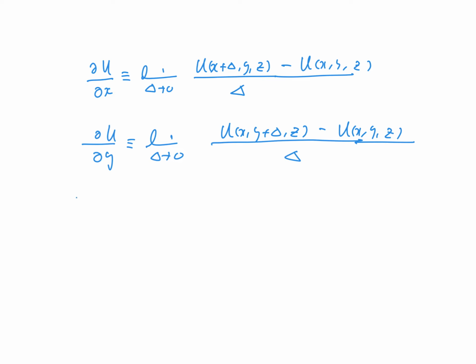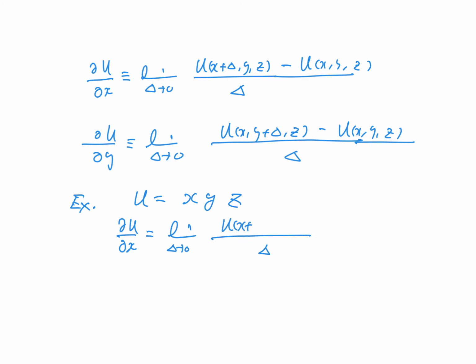So take an example. When u is given by xyz, then partial u partial x is by definition the limit as delta goes to 0 of u(x plus delta, y, z) minus u(x, y, z), over delta, right?